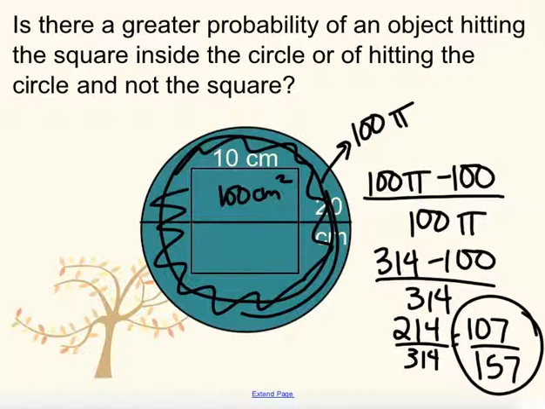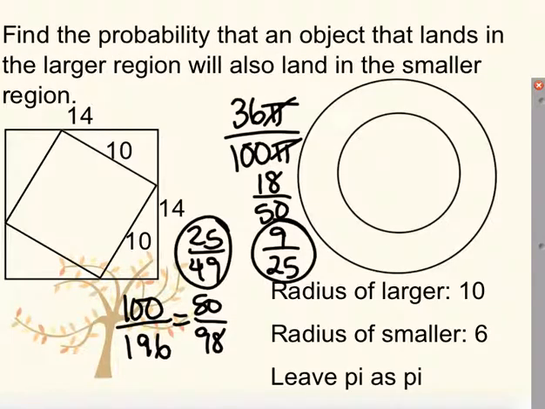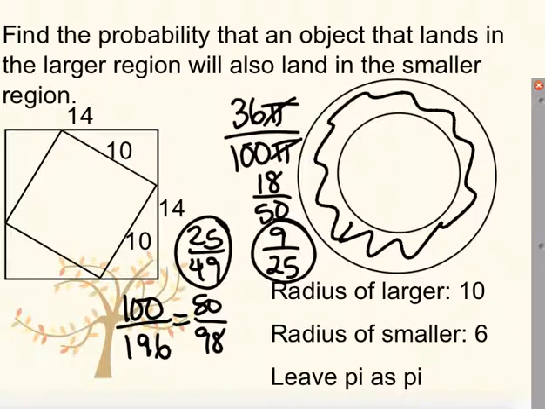And we can do this with any of the ones that we just looked at. So say we go back to this other circle one, and maybe I want to hit the ring outside of here instead. Well, what I could do is ask, what is the area of that ring compared to the total? The area of that ring would be the area of the total, 100 pi, minus the area of the smaller one, 36 pi, which means the area of this portion would be 64 pi.